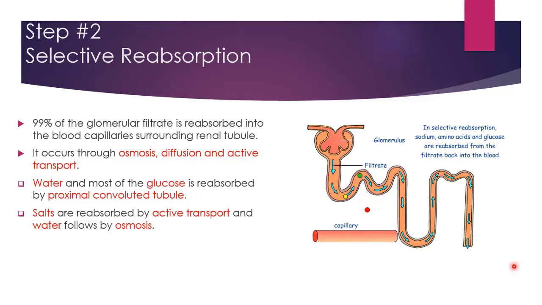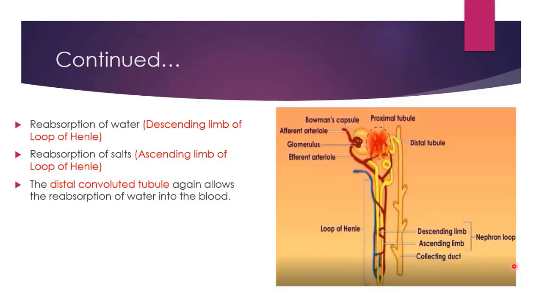Students, now we will see some other parts of nephron which are involved in selective reabsorption. Here is a picture of structure of nephron. You can see the proximal tubule where reabsorption takes place.